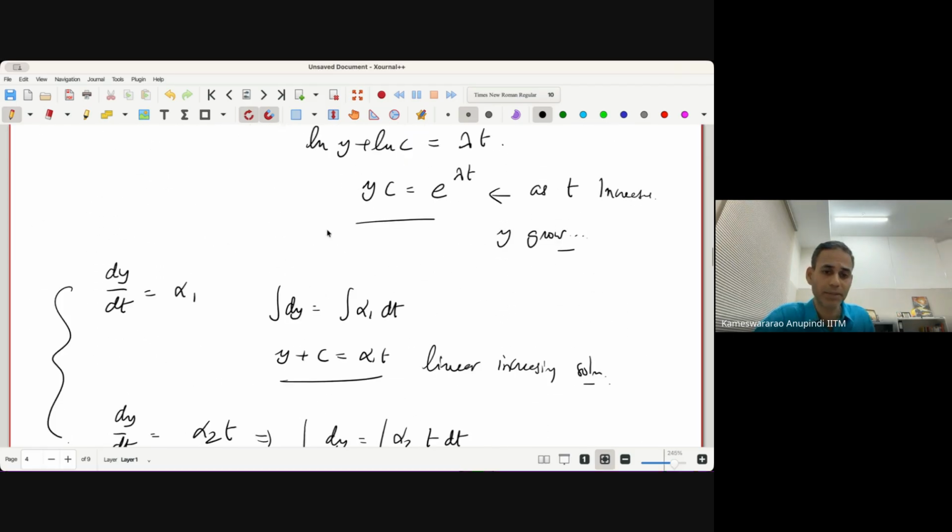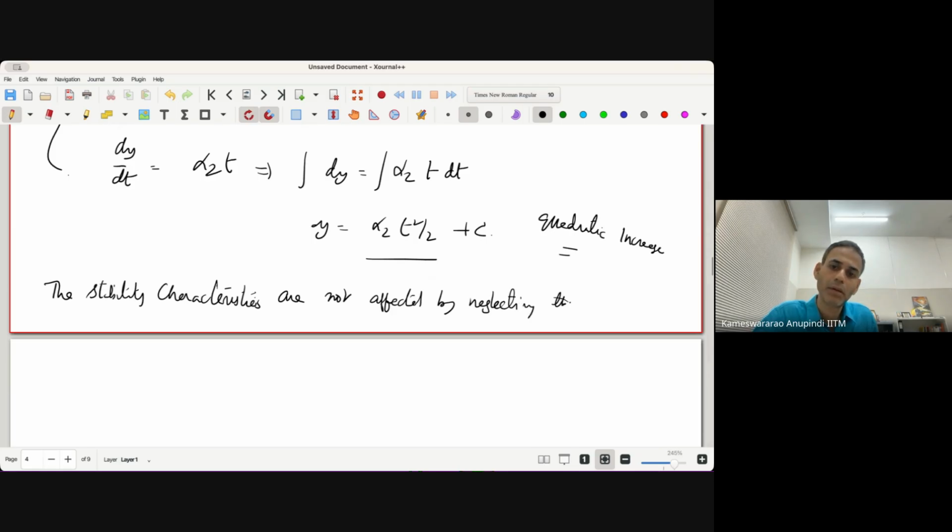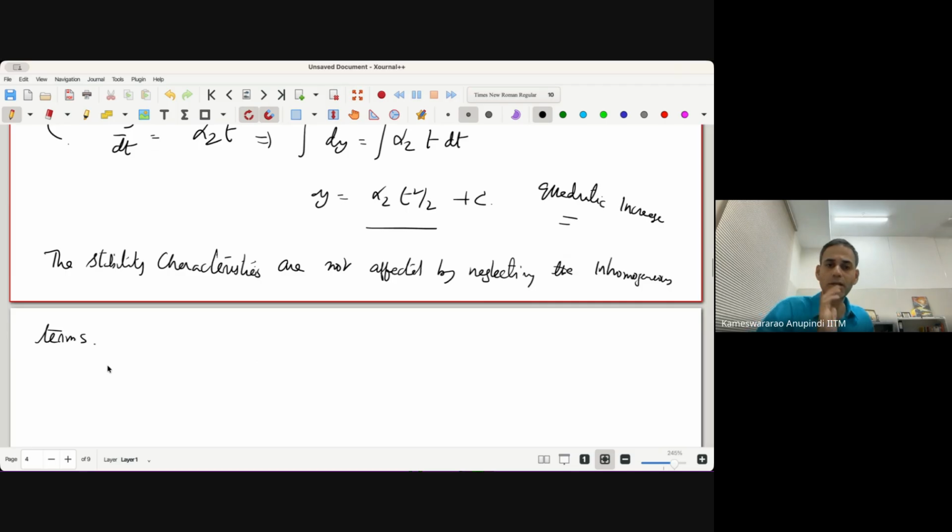However, the stability characteristics are not affected by neglecting the inhomogeneous terms, so that's why we could neglect them.